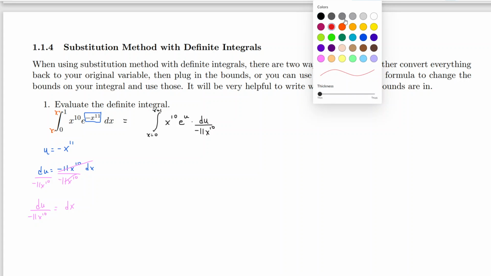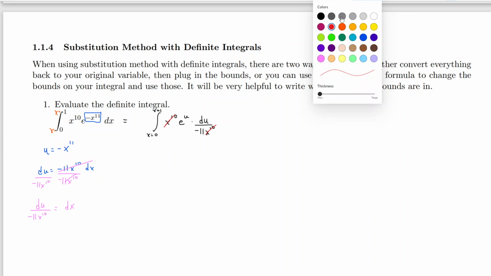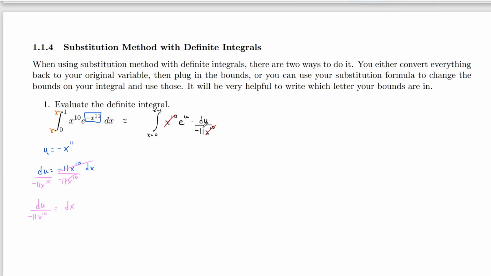Now, one thing I guess I didn't mention in the previous problems is that you cannot factor out things with u because that's our letter of integration, but u and x are related, so you can't factor out anything with x's either. So really, you do need these to cancel out, but they do. We have x to the 10th on the top and bottom. So we're good. And we can also take this negative 11. Keep in mind it's on the denominator. So when we bring it out, this comes out as negative 1 over 11.